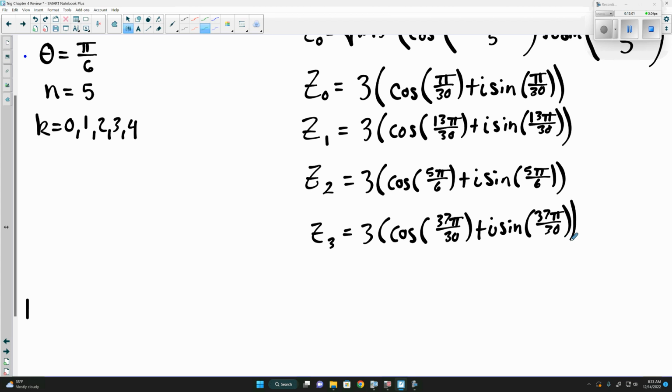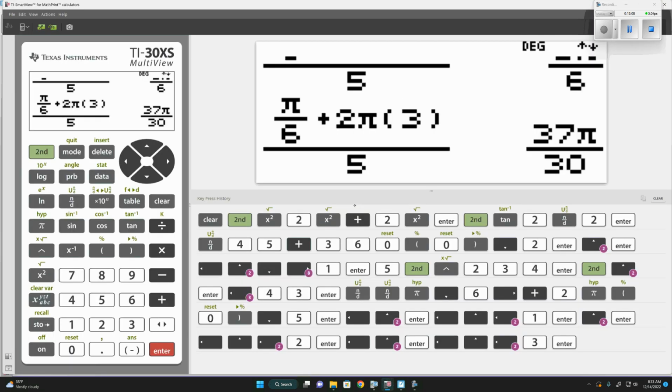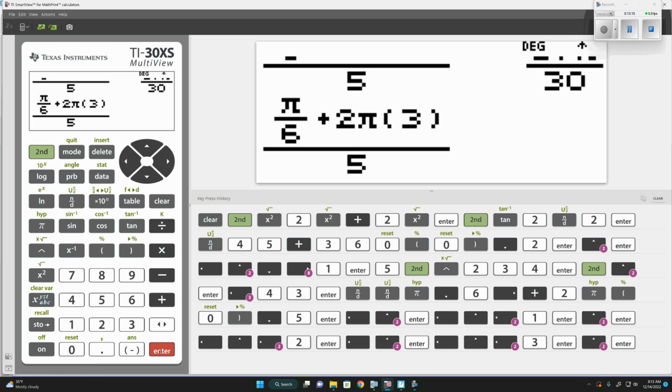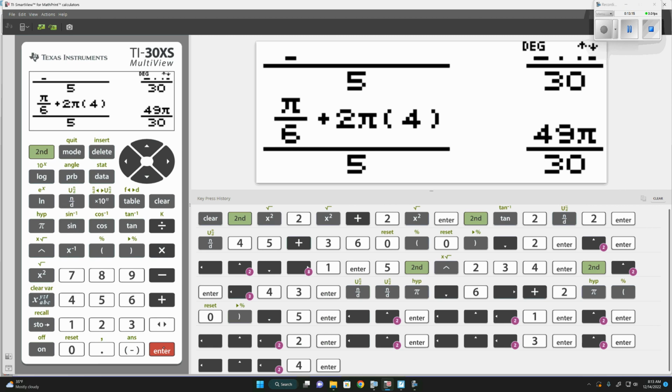Almost forgot that one. And lastly, z4. 49 pi over 30.